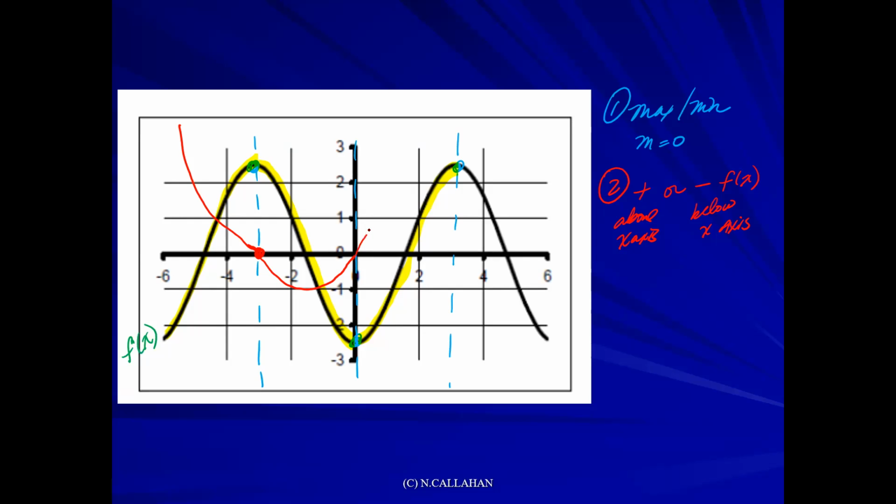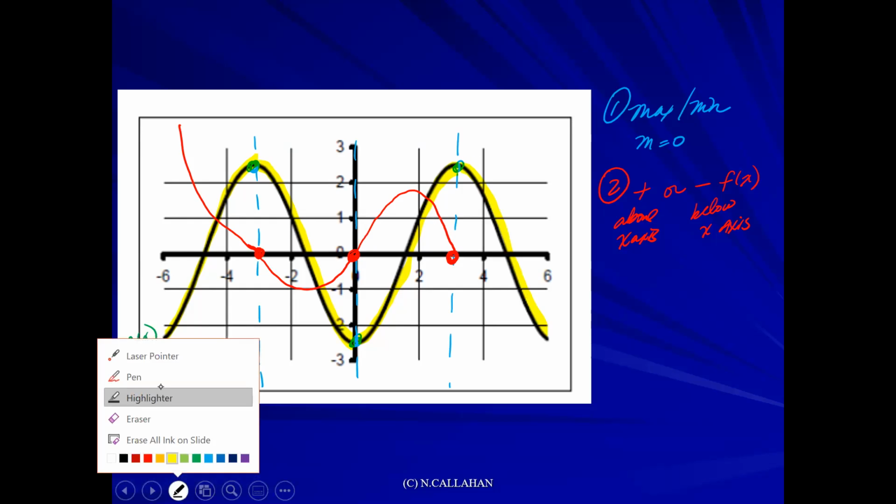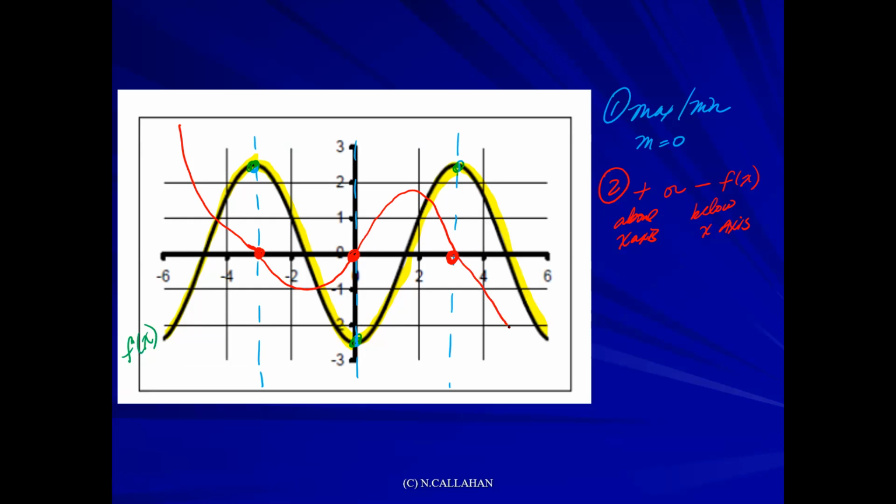So I'm going to just go up and maybe stop right there. Make sure I am ending at the x-axis. And then the very last part is a negative slope. So my graph is going to go below the x-axis with something that looks like this.